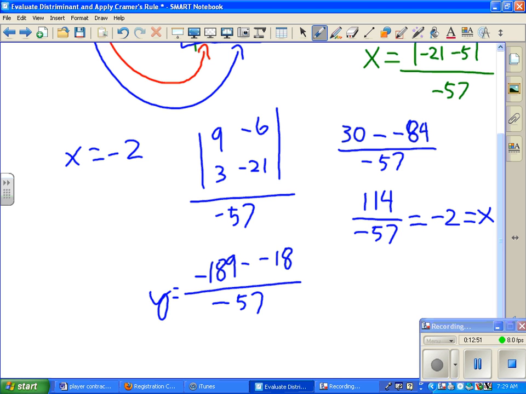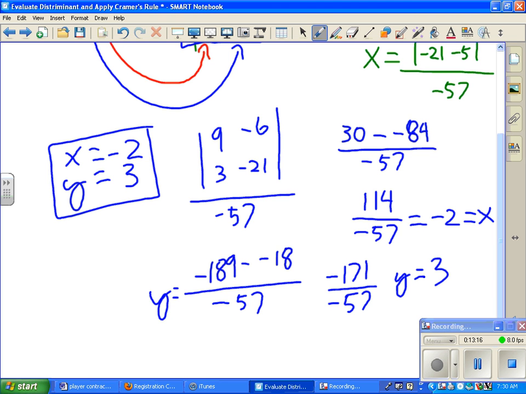Okay, so 189 plus 18 is going to be 171. So I've got a negative 171 divided by negative 57. Divide that out, y is going to equal positive 3.